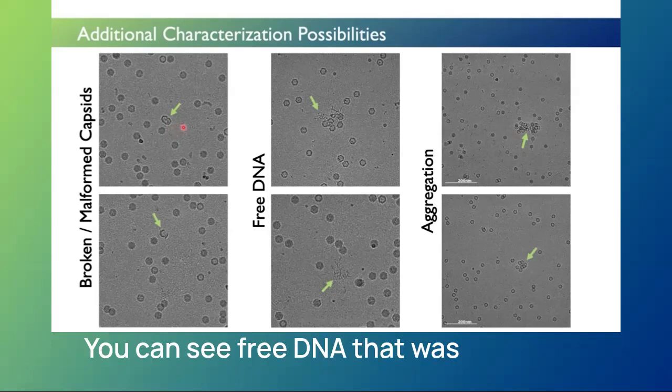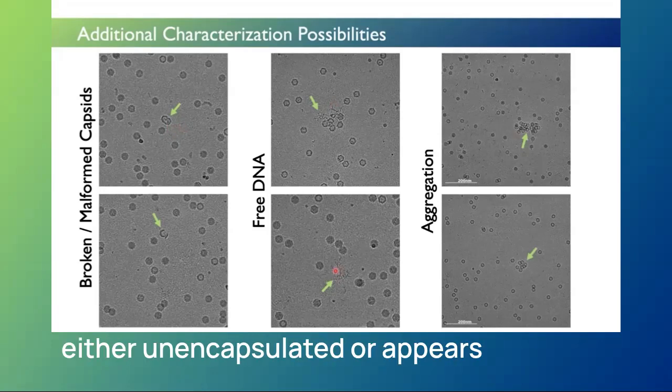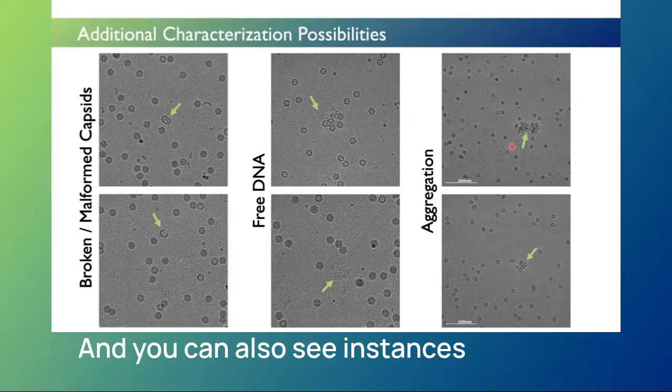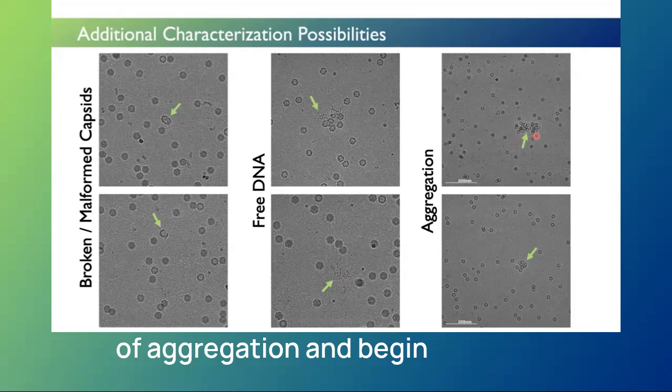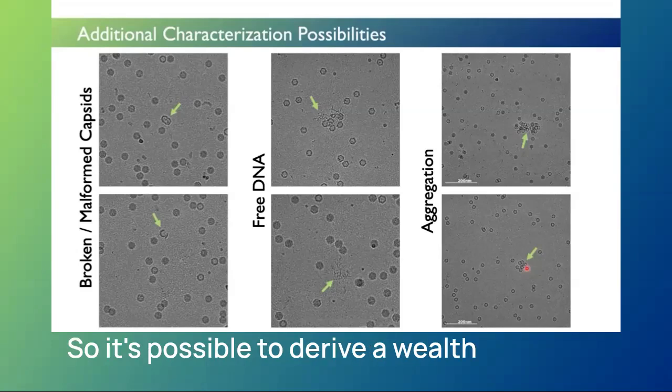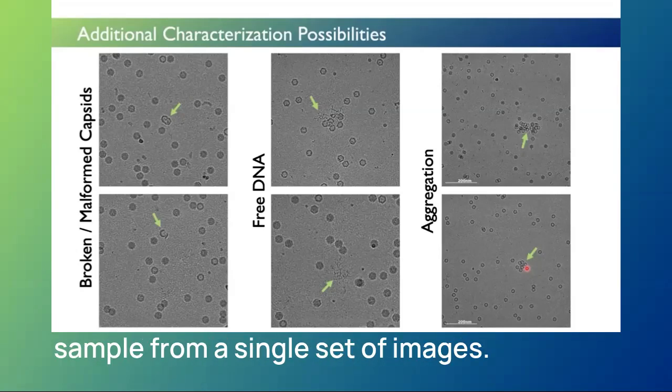You can see free DNA that was either unencapsulated or appears to be escaping from capsids. And you can also see instances of aggregation and begin to characterize the nature and the size of aggregates that are in your sample. So it's possible to derive a wealth of information about your AAV sample from a single set of images. Thank you.